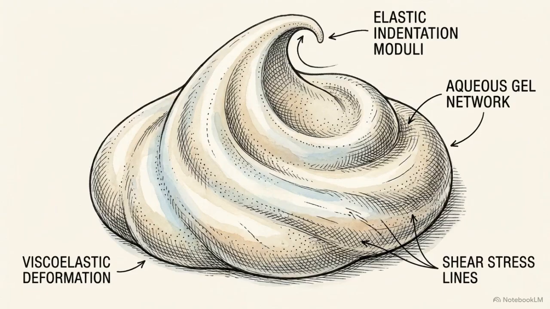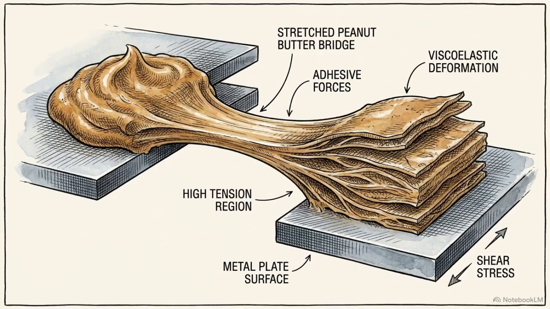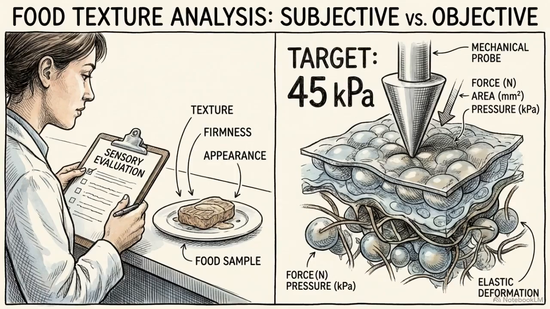Lower, highly elastic indentation moduli, measured in the single kilopascal range, physically translate into the human sensation of creaminess. Conversely, high pull-off forces, which are captured strictly during the tip's retraction phase, govern the perception of stickiness and mouth coating behavior. Subjective taste panel results can now be reverse engineered into strict, objective mechanical targets.